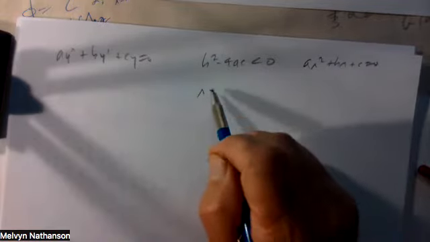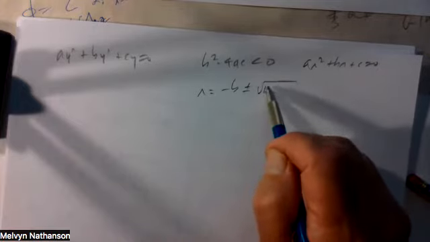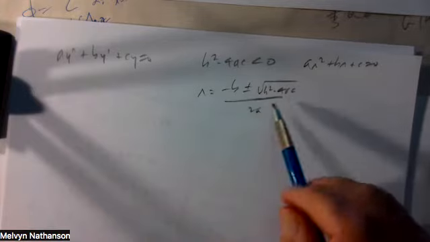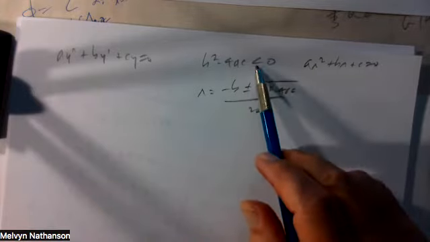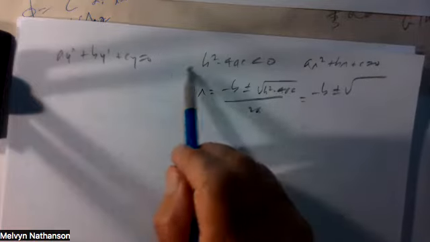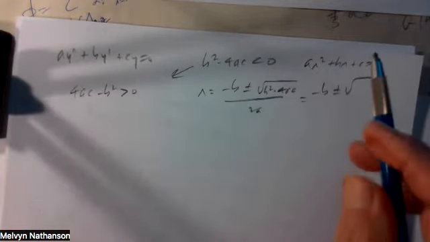The solution is r equals minus b plus or minus the square root of b squared minus 4ac over 2a. If b squared minus 4ac is negative, if you multiply by minus 1, 4ac minus b squared is positive.